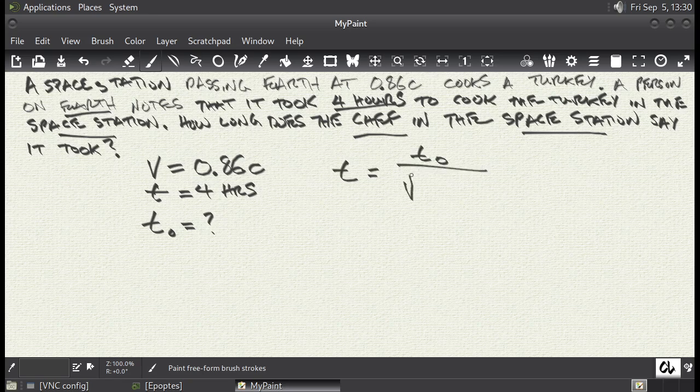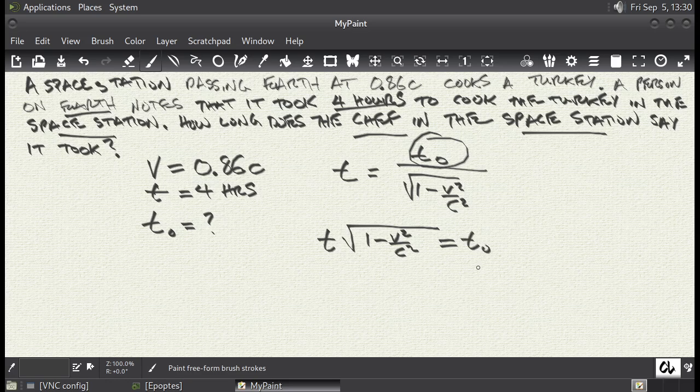we have this, but we're not looking to solve for t, we're looking to solve for this term. So we have to do a little bit of algebra to rearrange it. No problem, we can say t times the square root of 1 minus v squared divided by c squared equals t naught. And now we can plug our values in.